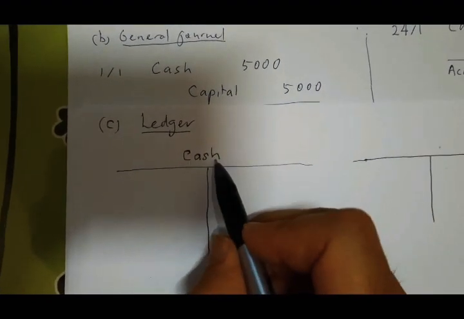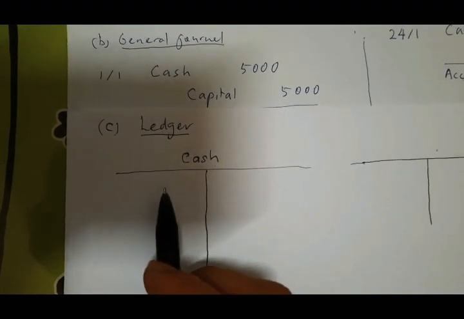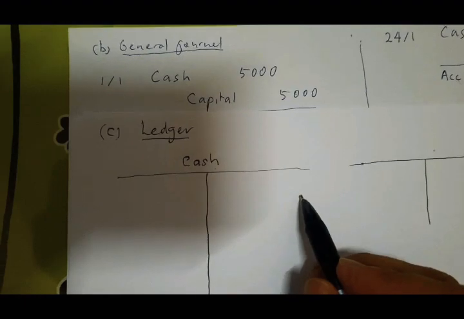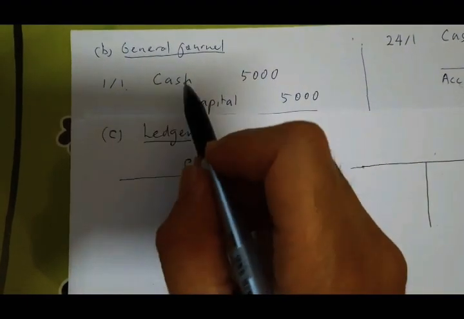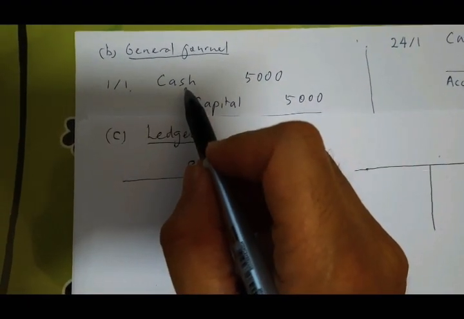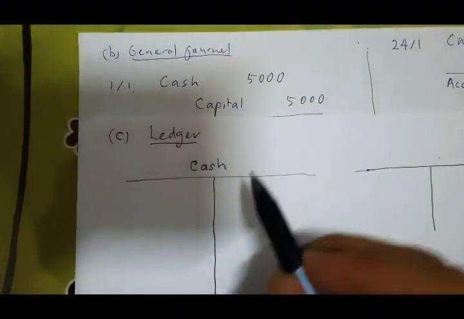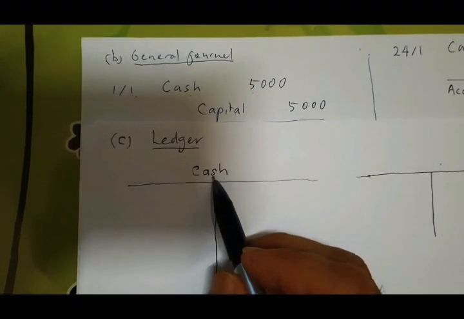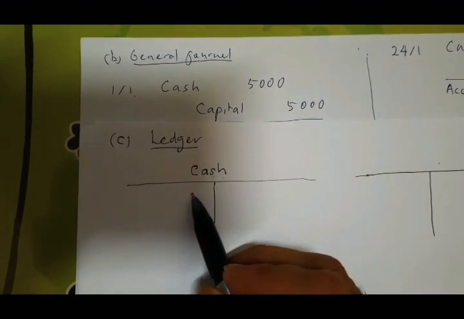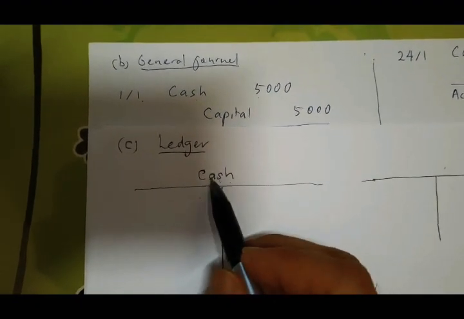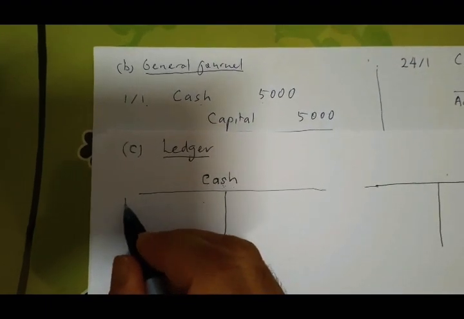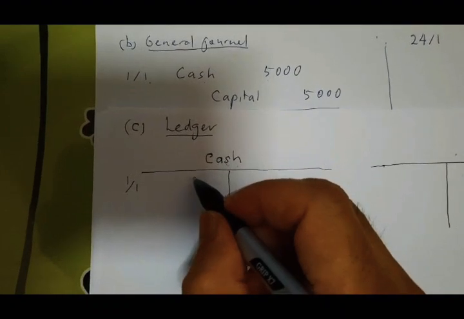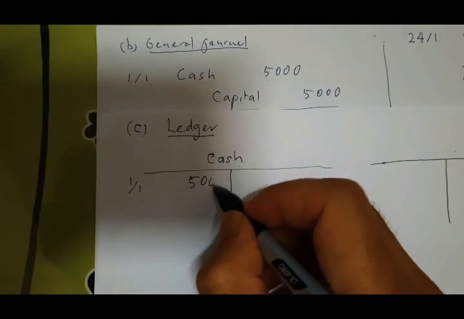Remember, debit means record in the left, credit means record in the right. Here, 1st of January, the journal entry is debit account cash 5,000. So in the ledger, how to record that? This is account cash, this is the debit side. The date is 1st of January, debit account cash 5,000.